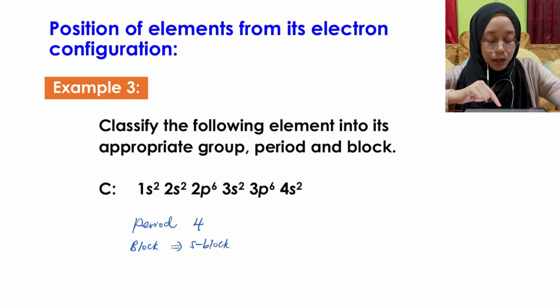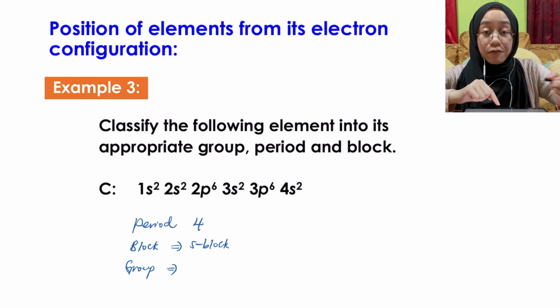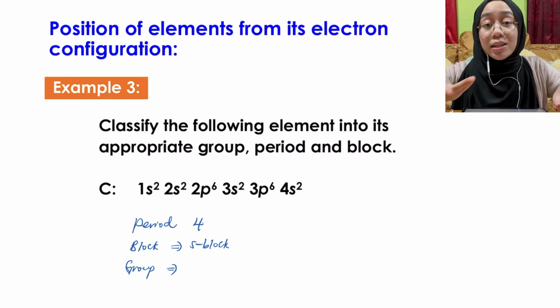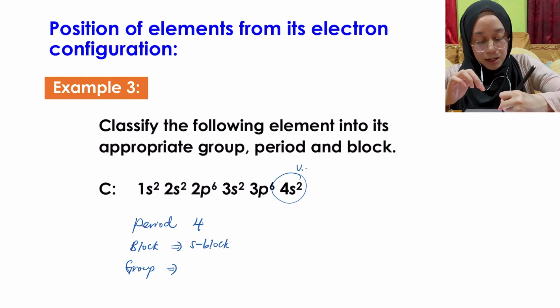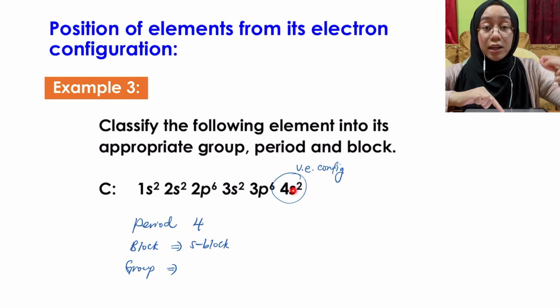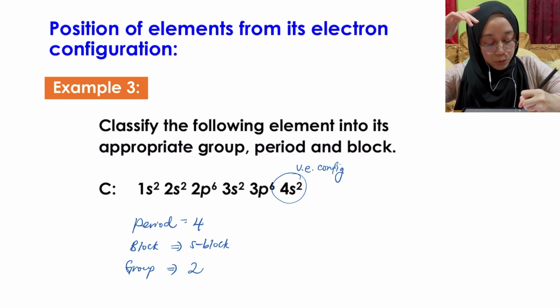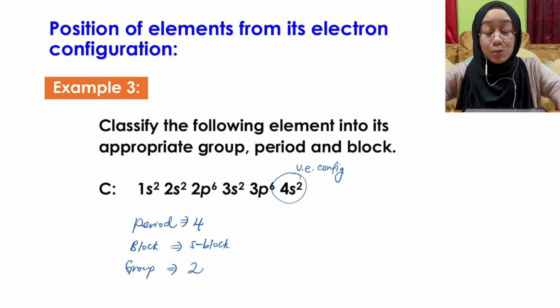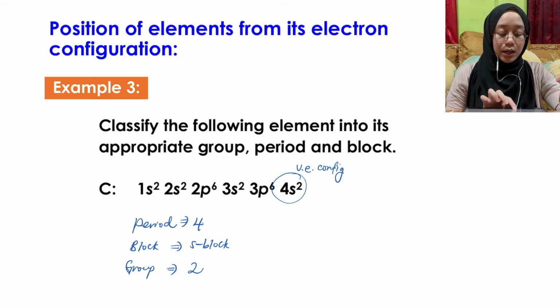And then kalau kita cari pula dia punya group number, it depends on the number of valence electron. Tapi since it is S block, cuma satu ni sahaja the valence electron configuration. Very obvious lah, the number of valence electron adalah 2. So automatically the group pun adalah group 2. Kita tak payah tambah 10. Okay, so akan dapatlah ini adalah position dia.